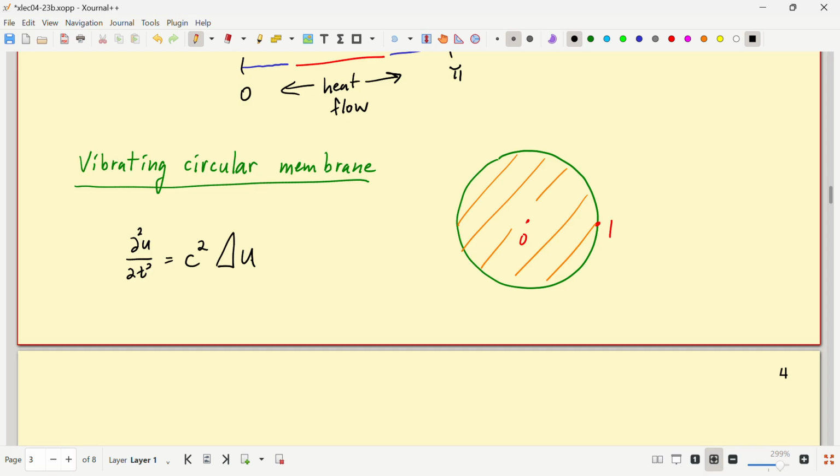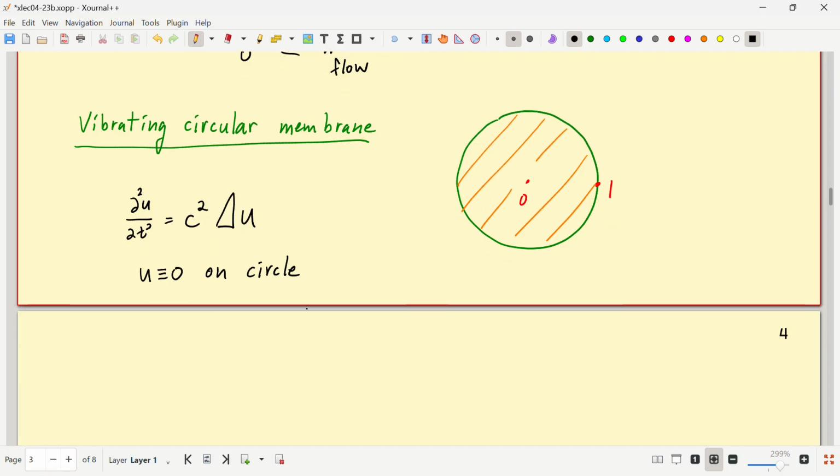And you know, if you screw down a drum head to the rim, you're holding the membrane constant on the boundary. Okay, so the boundary condition is u restricted to the boundary, on the circle, on the rim.